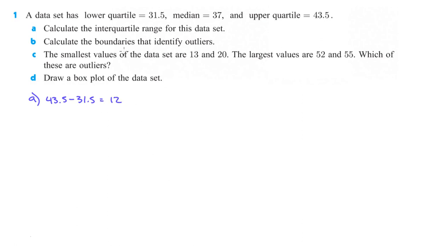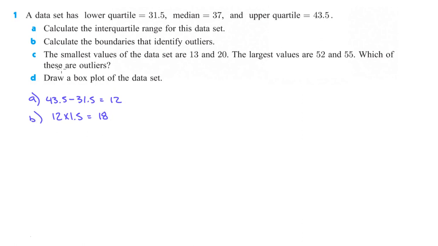Okay. Calculate the boundaries that identify outliers. That's going to be our 31.5 to 43.5, right? We're going to use those numbers to calculate the actual boundaries that identify the outliers. So we take our 12, and if you remember, we always multiply it by 1.5, and that's going to give us 18.